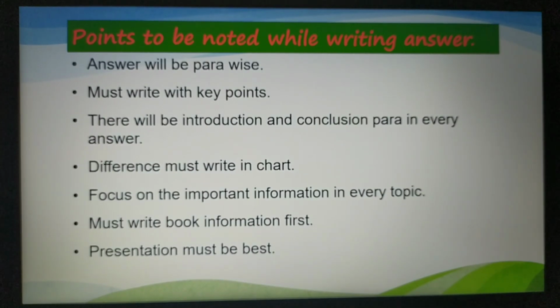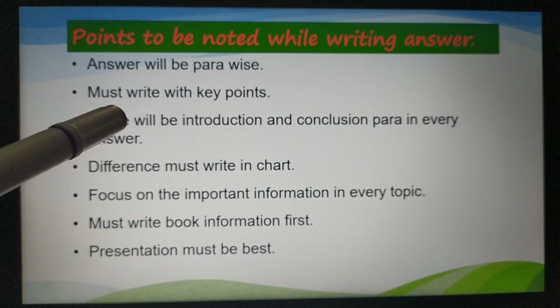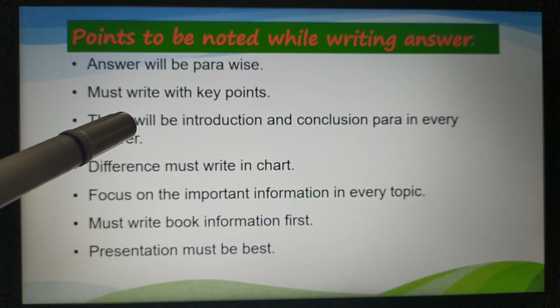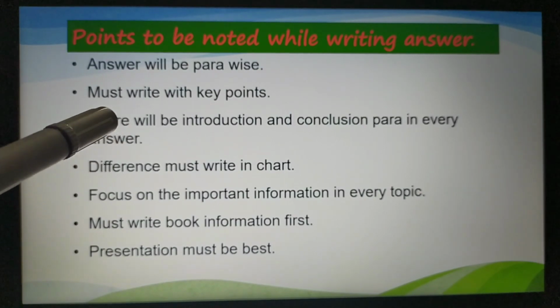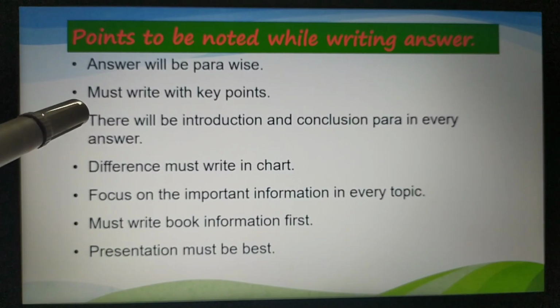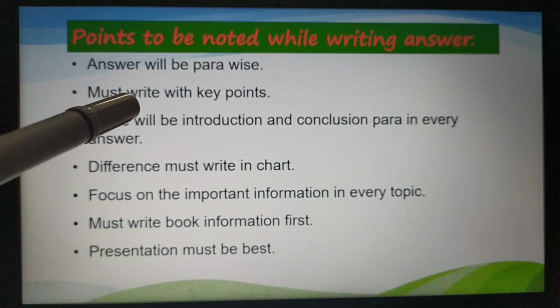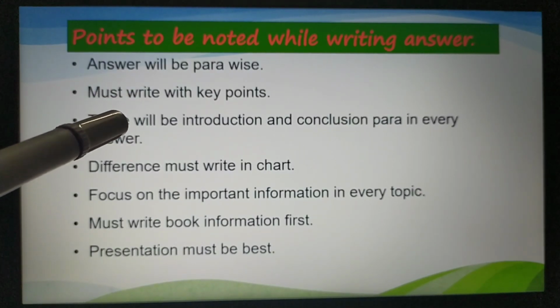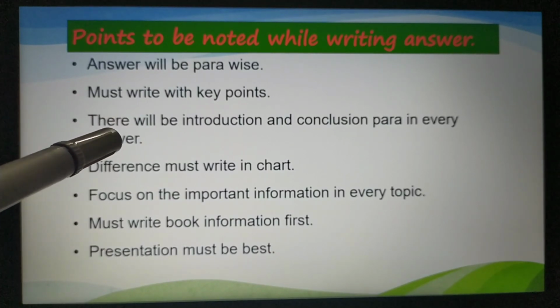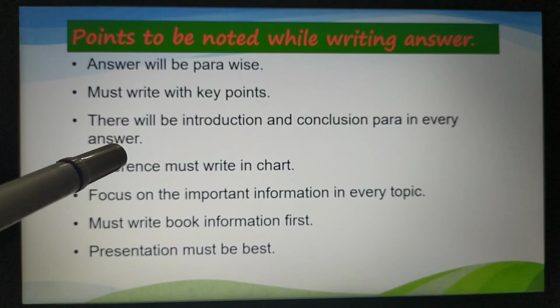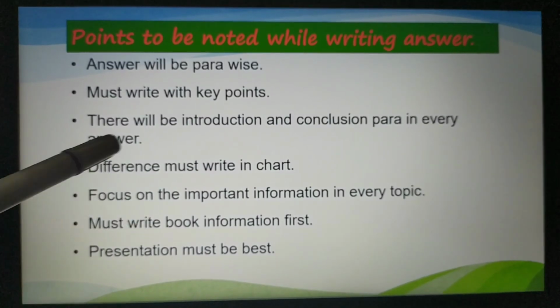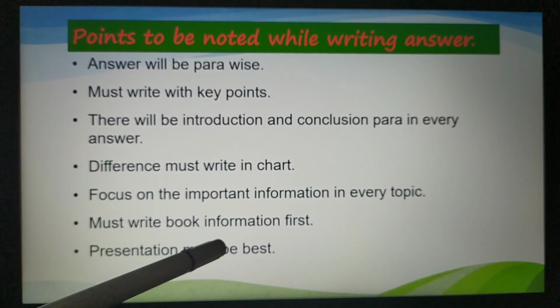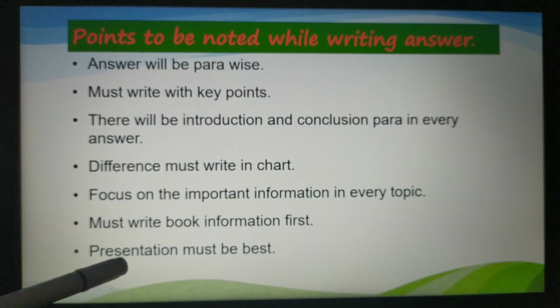So for every topic and every point you have to write the important information that is included in the book. You cannot write as your own. In some cases you can write as your own, but there also you have to ensure the book information first, then you can write the rest of the information you get from other sources. Must write book information first, as I told just before.